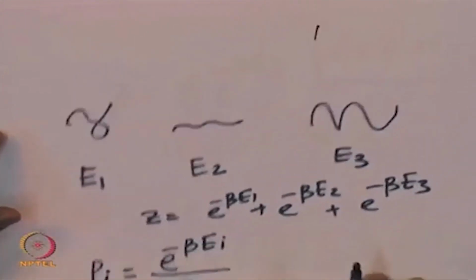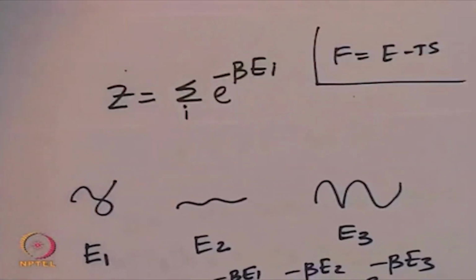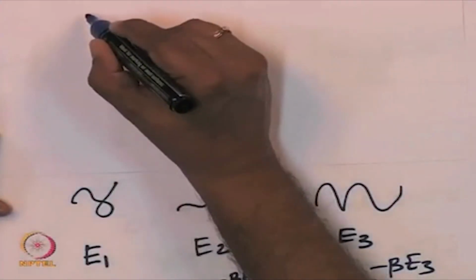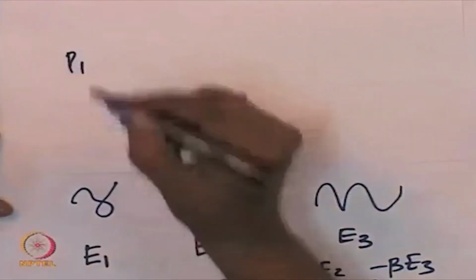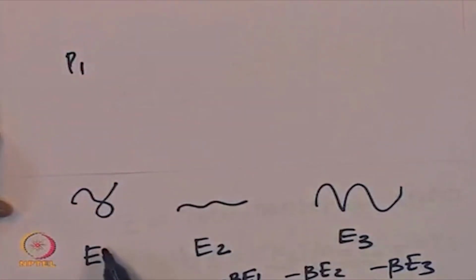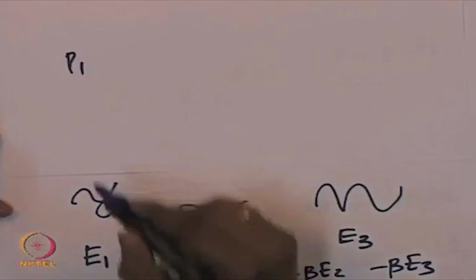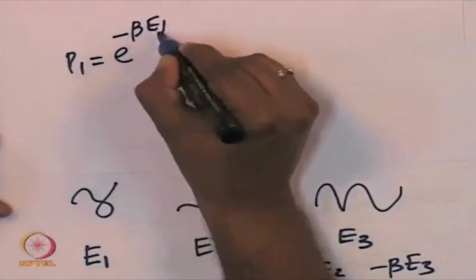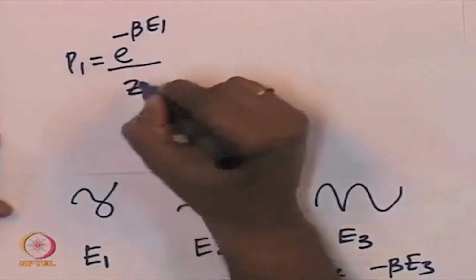We have 3 states here. We can ask the question, what is the probability of finding the system in state 1, state 2 and state 3? The probability of finding the system in state 1, let me call this P1, in this particular state which has an energy E1, is nothing but e power minus beta E1 divided by z.